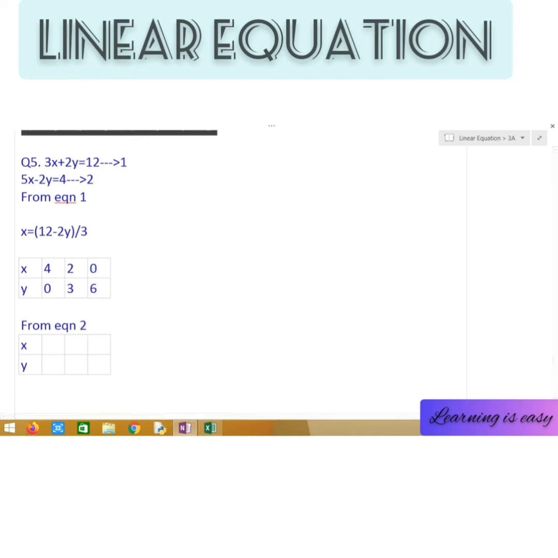From equation 2, we get x as 4 plus 2y divided by 5. By giving different values for y, we can get the value of x.